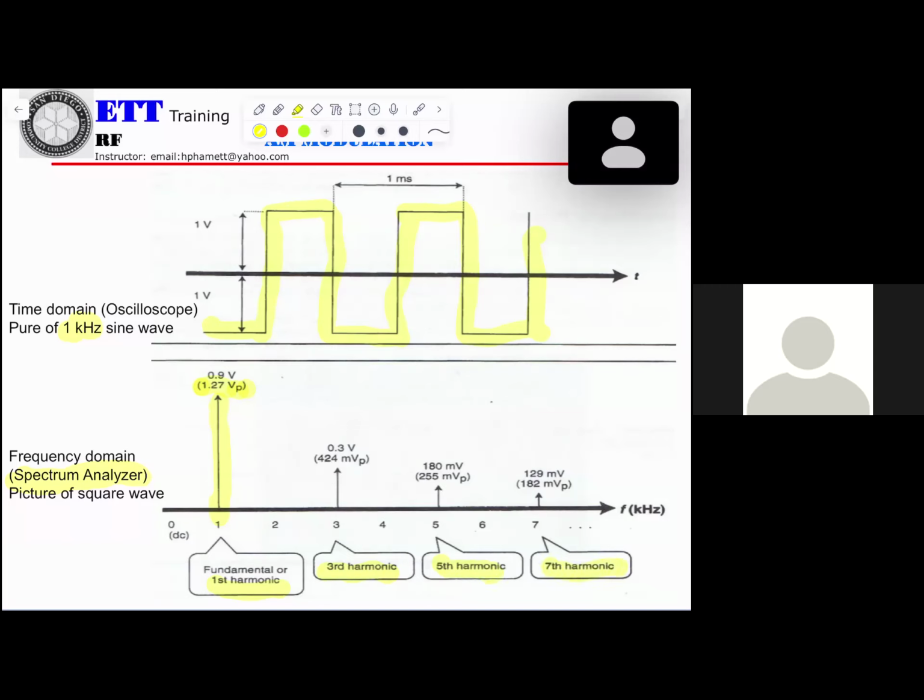Keep going. This is the frequency domain, which means the signal varies with the frequency. And this is the time domain, where the signal varies with the time.